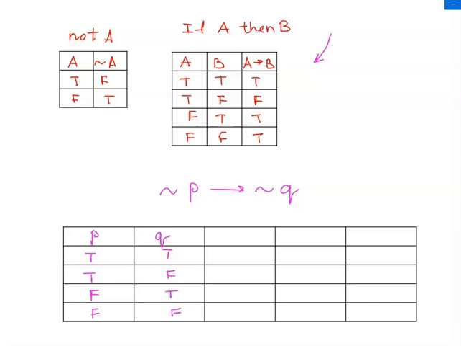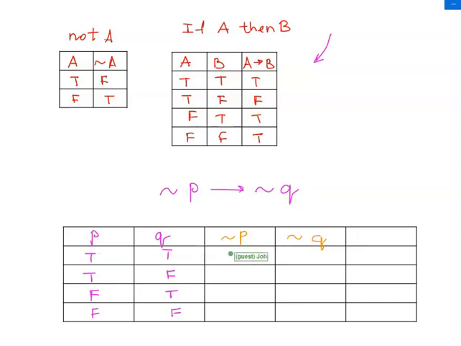Well, the way I like to do this, as I said before, is I see we have a negated P, a not P, and we have a negated Q, a not Q. So I would do a column which is not P, and a column that's not Q. All we're doing is negating.